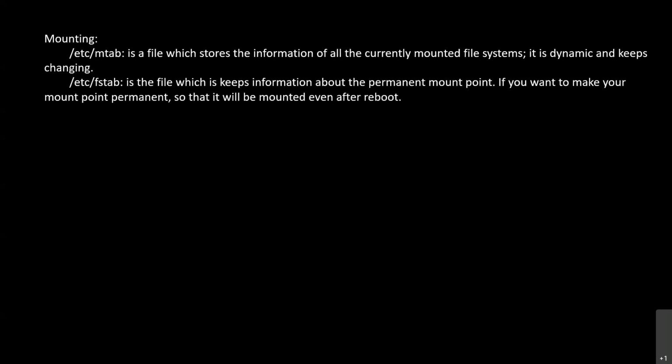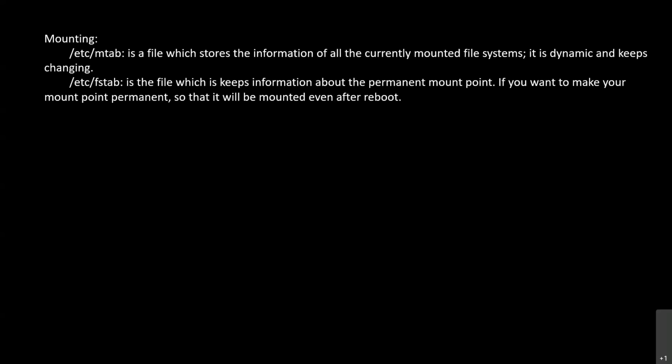And if we come to mounting, there are two mount types: one is temporary mounting and another one is permanent mounting. If we go to /etc/mtab, it is a file which stores the information of all the currently mounted file systems, and it is dynamic and keeps changing.